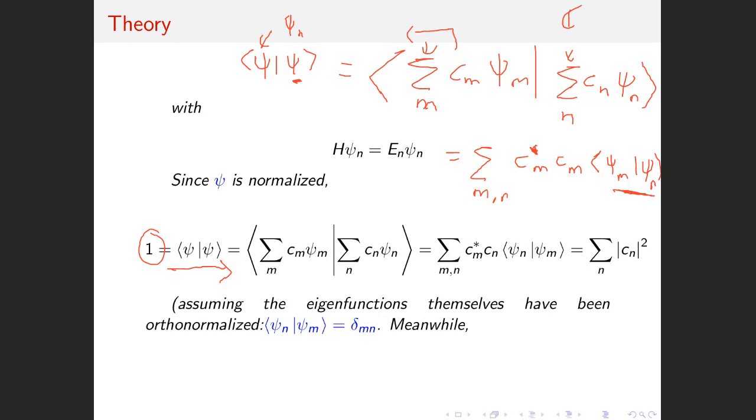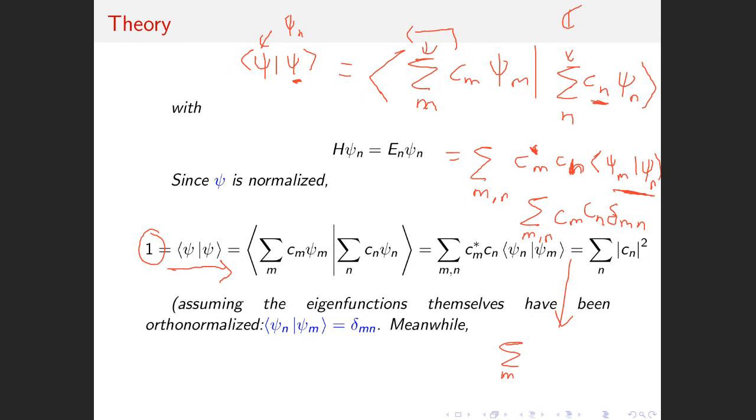If they are orthonormal, that means they give you the Kronecker delta, delta_mn. So the sum over m and n of C_m star C_n delta_mn simplifies: it's 0 unless m and n are the same.